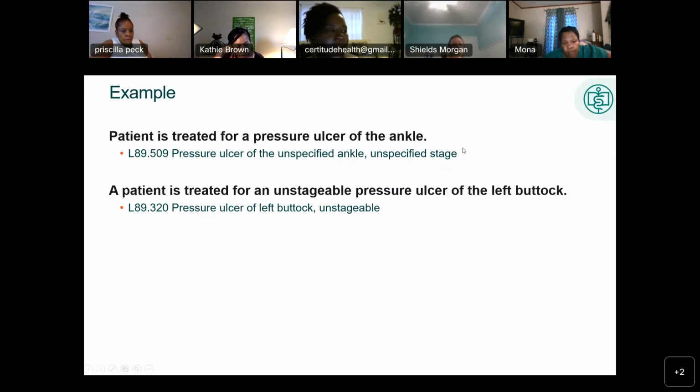Now in this example, a patient is treated for an unstageable pressure ulcer of the left buttock. So the code here, L89.320, represents pressure ulcer of the left buttock, unstageable, because that was the description given. He examined the patient, he looked at the ulcer, he wasn't able to determine a stage based on the way it looked.